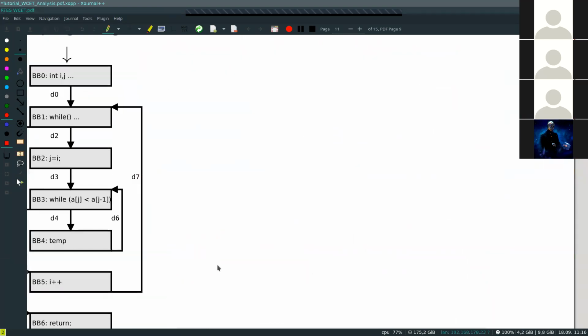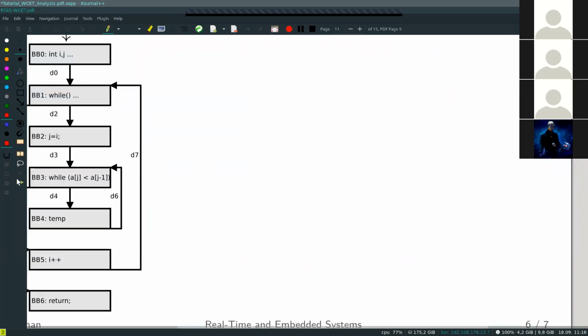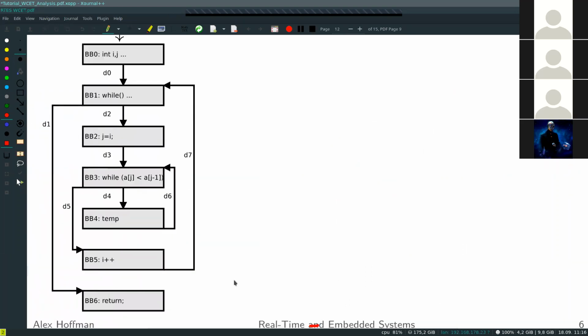Let's say, for demonstration purposes, I will annotate this graph with some colors to give us the cache lines. Let's say we have 2 cache lines, yellow and red.